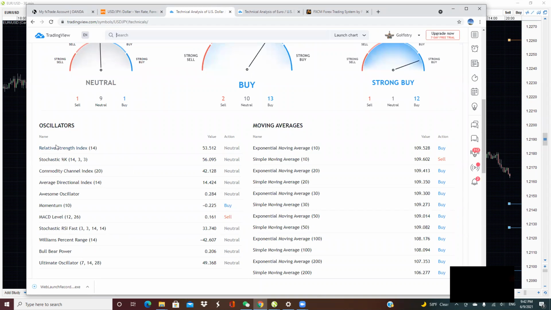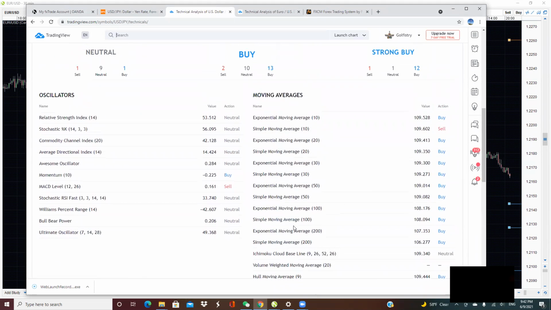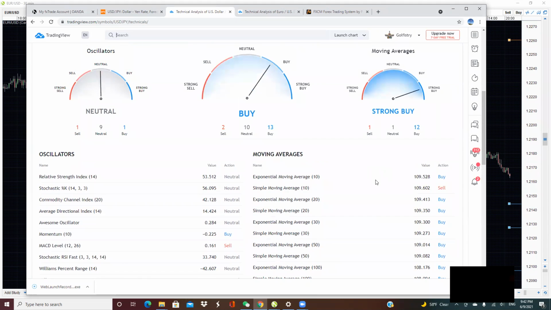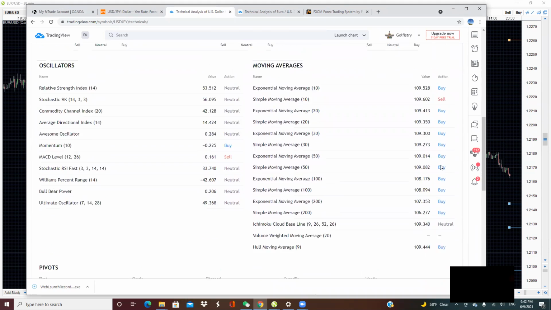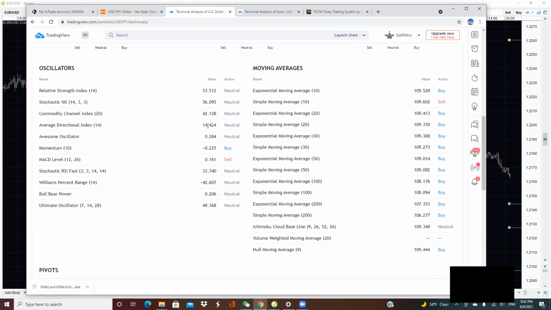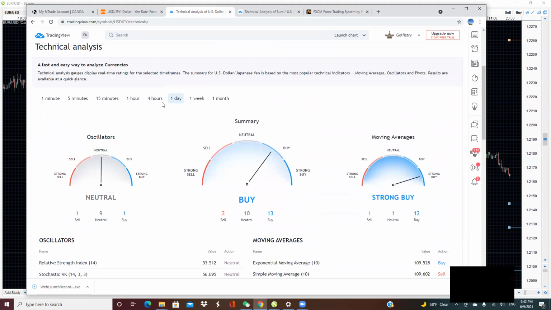It gives you all the oscillators, moving averages, all the indicators, and if it does generate a signal, it would tell you the action: buy, buy, buy, sell right here, neutral. Here's the 4 hours. So the trend is telling us buy.